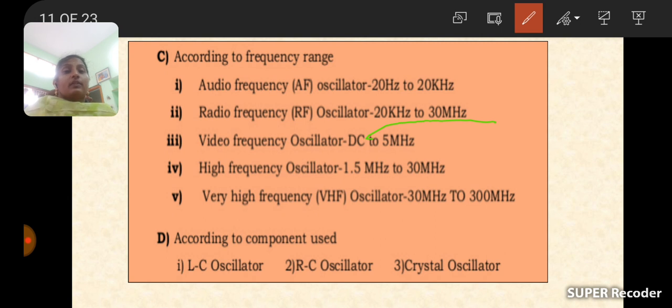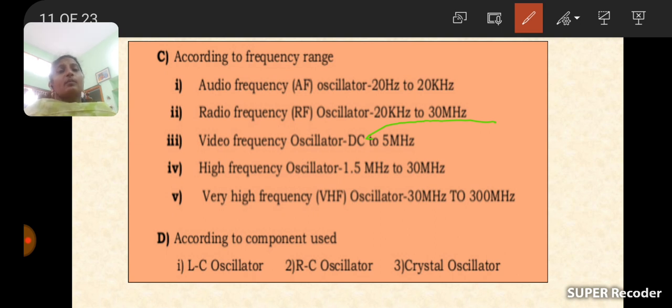And very high frequency oscillators are also there, that is 30 megahertz to 300 megahertz. That means if the oscillators are able to produce oscillations in the range of 30 megahertz to 300 megahertz, then the oscillator is called a very high frequency oscillator.